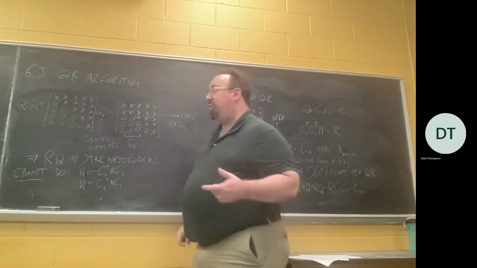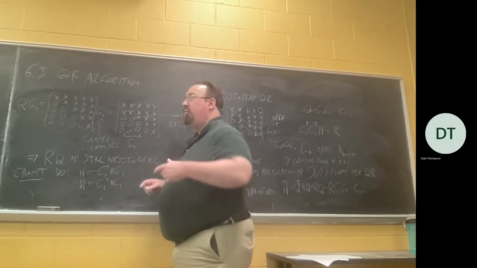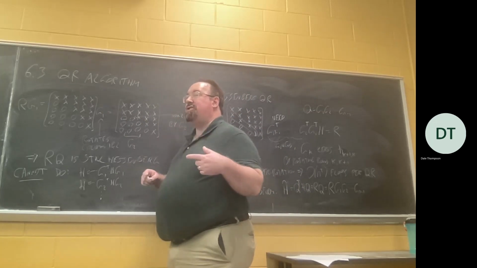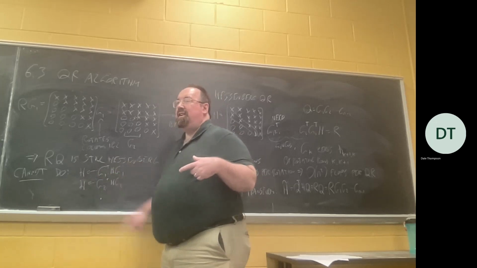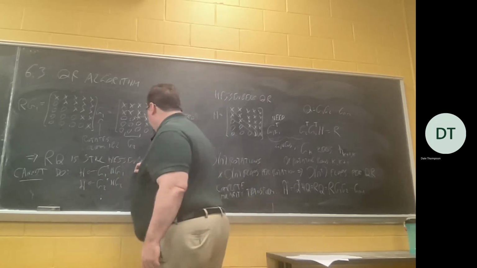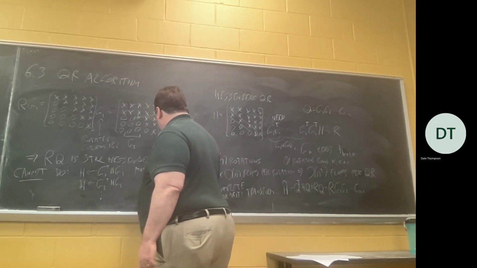That will not work. The reason is G1, G2, and so forth are determined by what QR factorizes H, the original H. Here you're changing H. So you have to do it in this order.